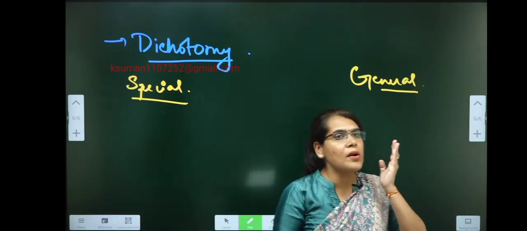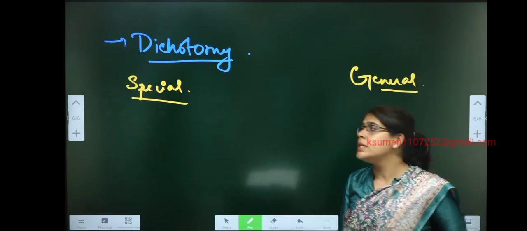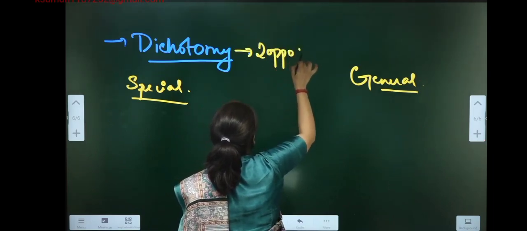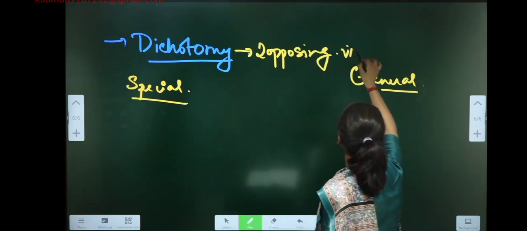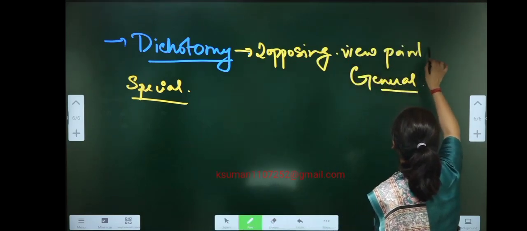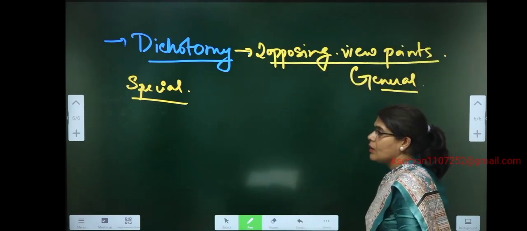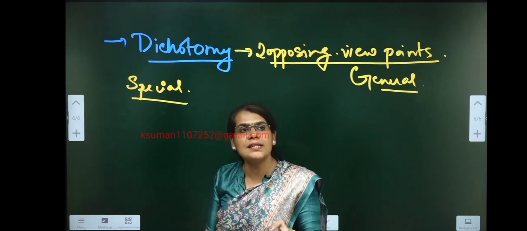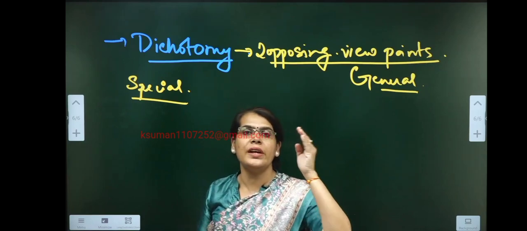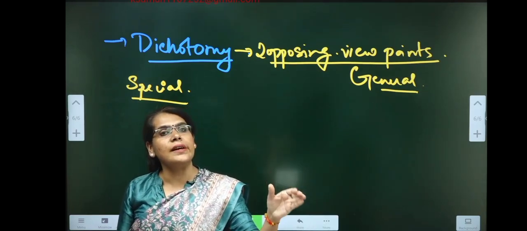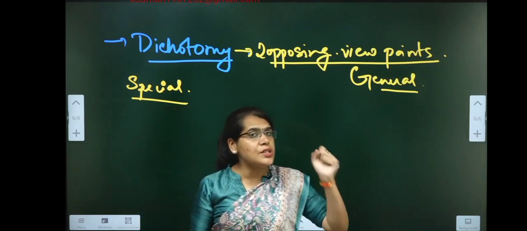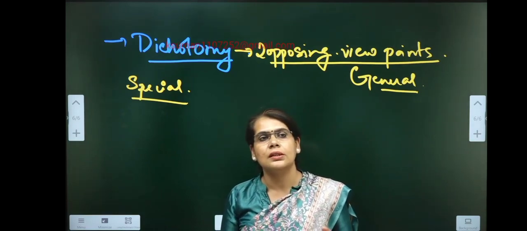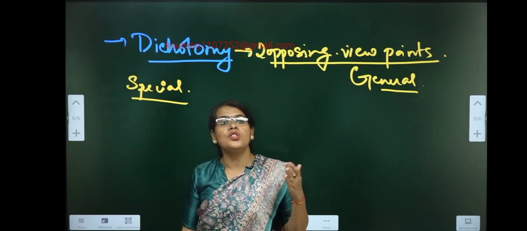Now what do we mean by dichotomy? In simple terms, dichotomy would mean two opposing viewpoints. So one viewpoint which is contradictory to another. For example, a dichotomy between physical geography and human geography. One set of thinkers is saying geography needs to be physical geography because we are studying landforms, because we are talking about the evolution of landforms.